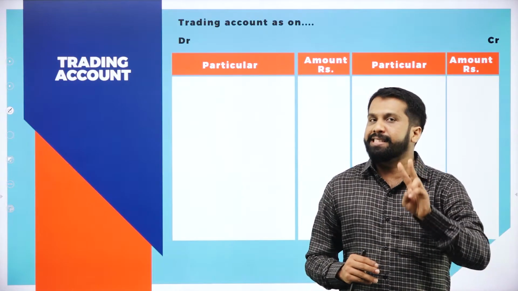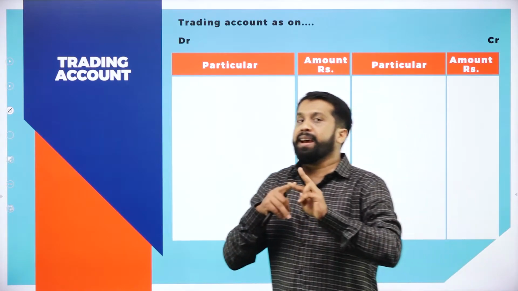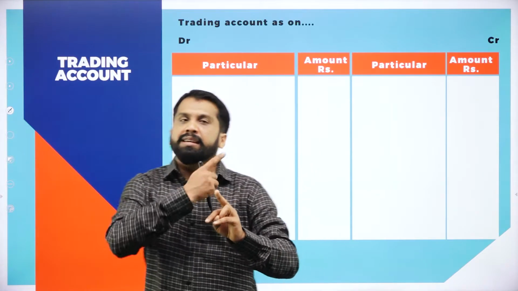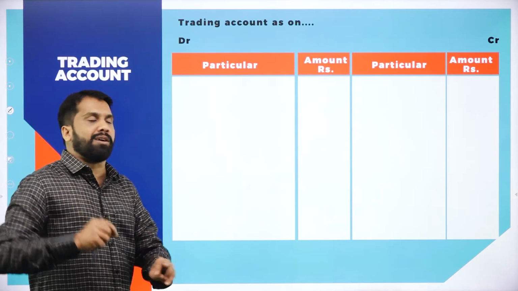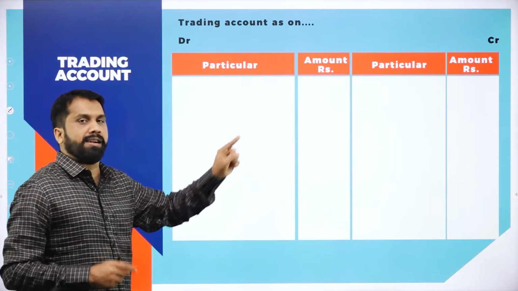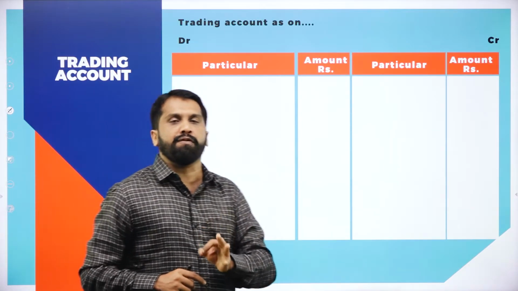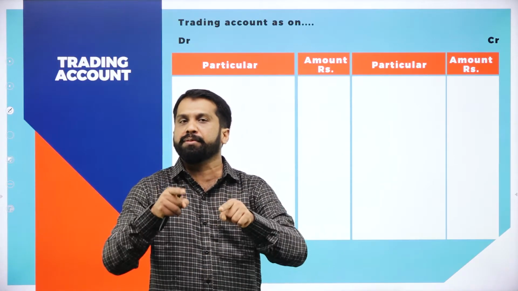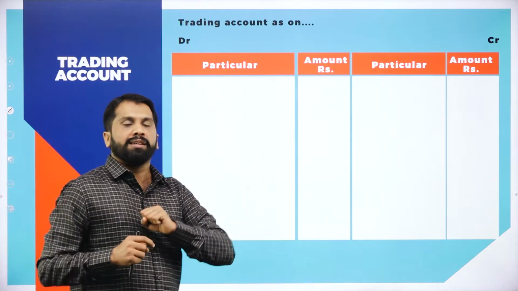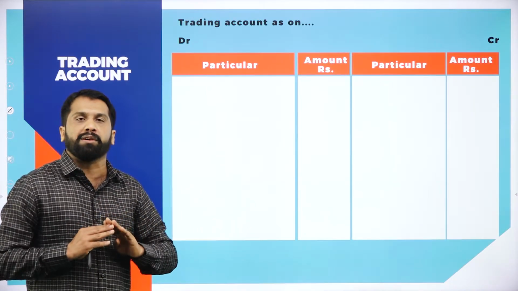Clear? This is the second thing. What is the first one? Heading. What is the second one? Debit as well as credit. While doing a problem, if I miss out anything like heading or debit or credit, it is your responsibility to fill everything. Why? Because who is writing the exam? Me or you? Obviously it is you only. So if I miss out, I will not lose marks.